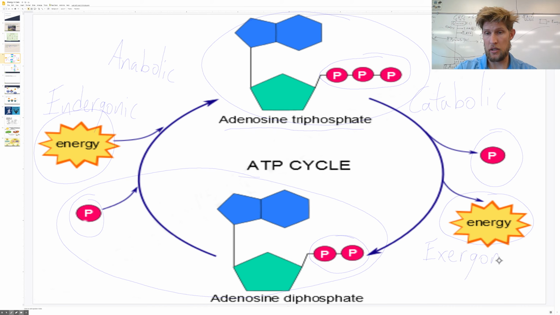It's exergonic. All right, so energy is stored in this bond right here. That's where it's stored. And when you break off that phosphate group, it releases the energy. You add the phosphate group back on, you add energy. It's an anabolic process. Endergonic, energy goes in. Exergonic, energy leaves. Catabolic, it's breaking down. Okay, those are those 4.